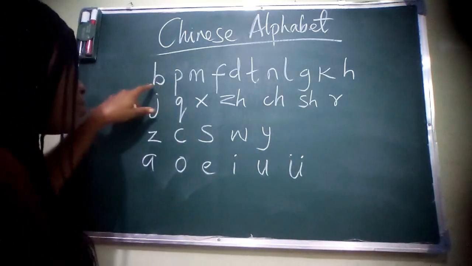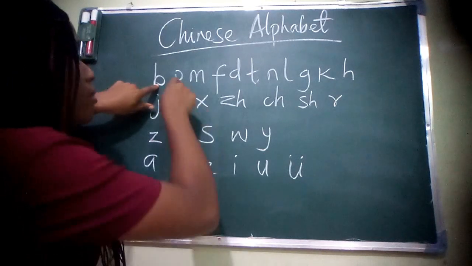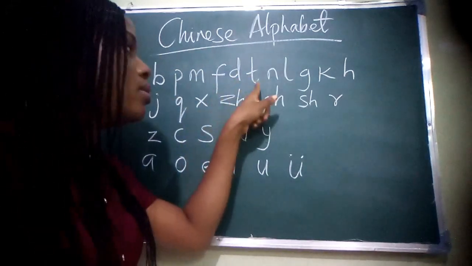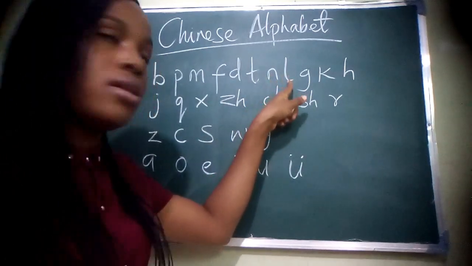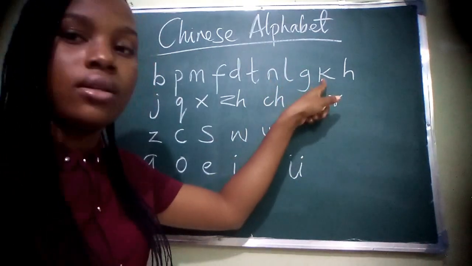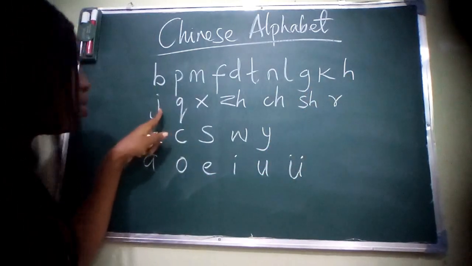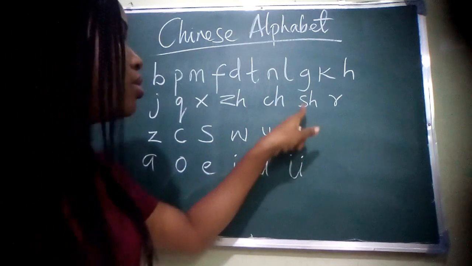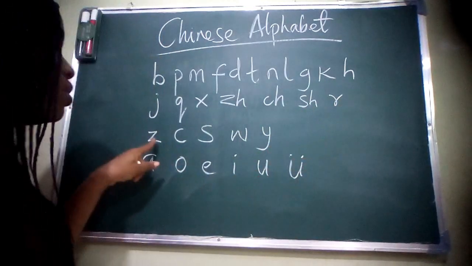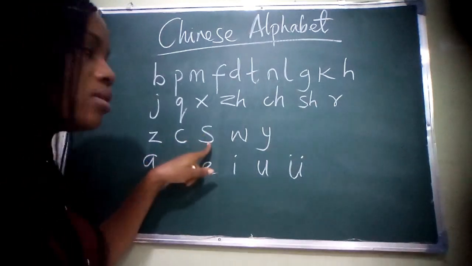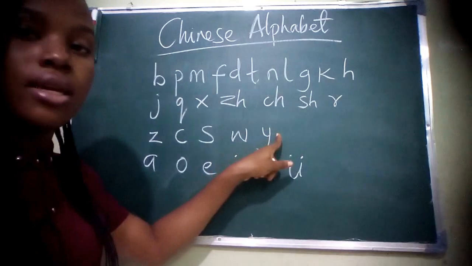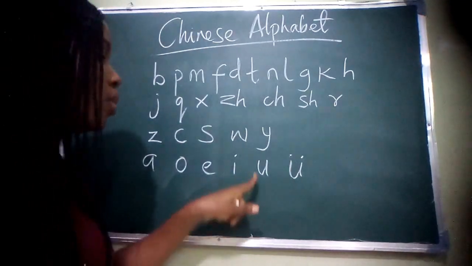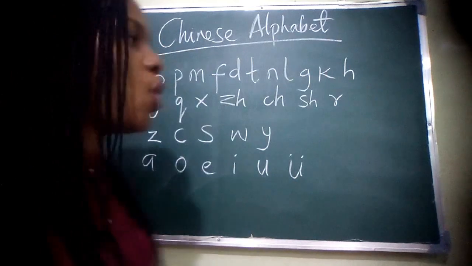Okay, let's start with B. Po, mo, fo, de, te, ne, le, ge, ke, he, ji, chi, shi, j, ch, sh, z, s, w, i, a, o, i, o, u. Okay, this is the overview.